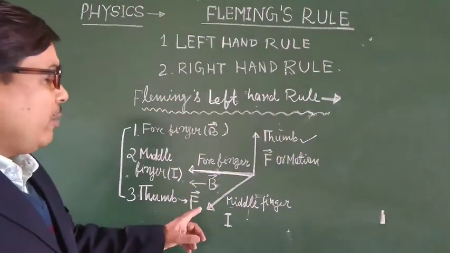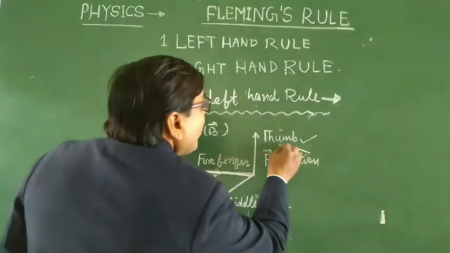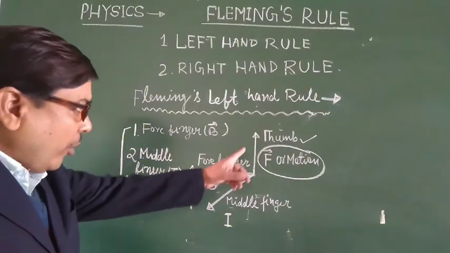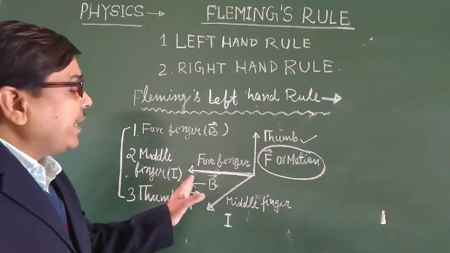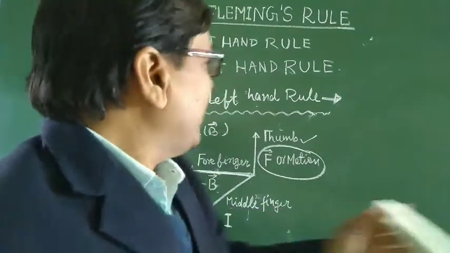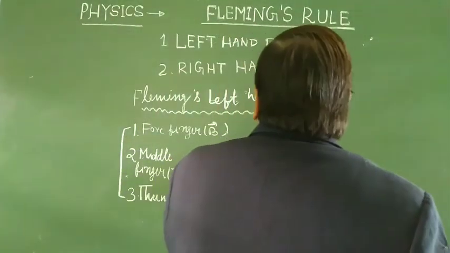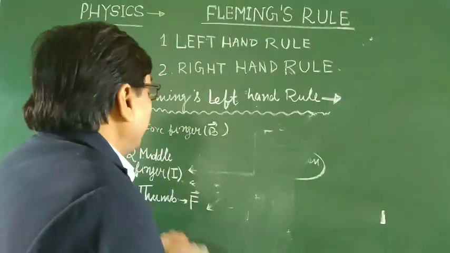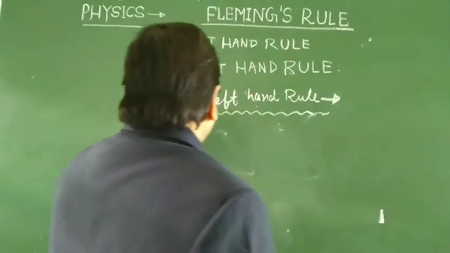This rule is very important to find the direction of force exerted on the current carrying conductor placed in magnetic field. So the direction of the force is like that. We can also use it in this form. Now we will write or explain the statement.